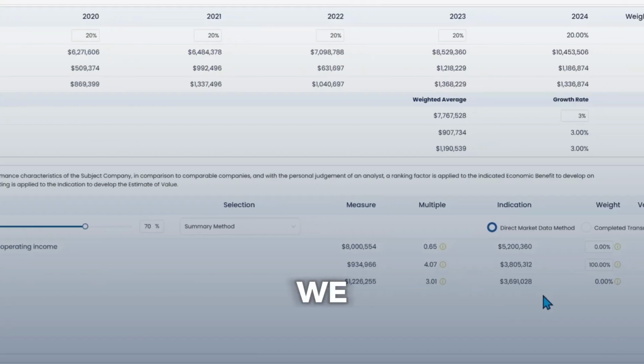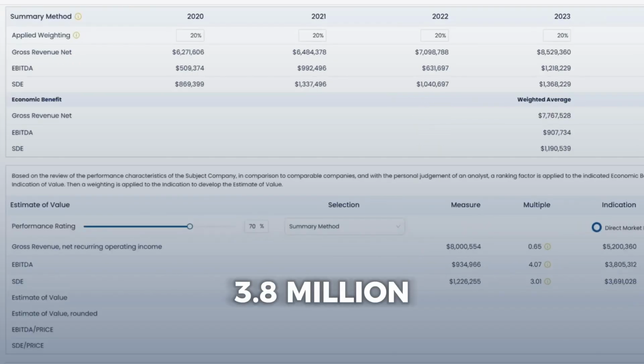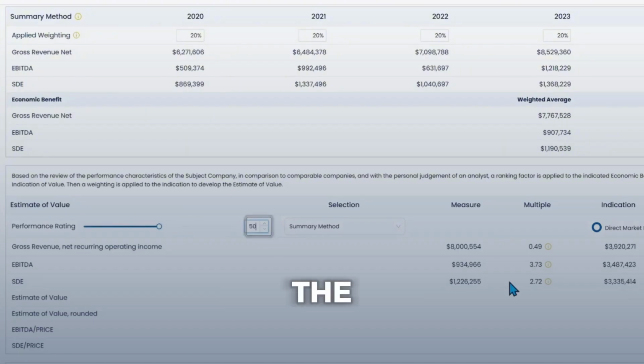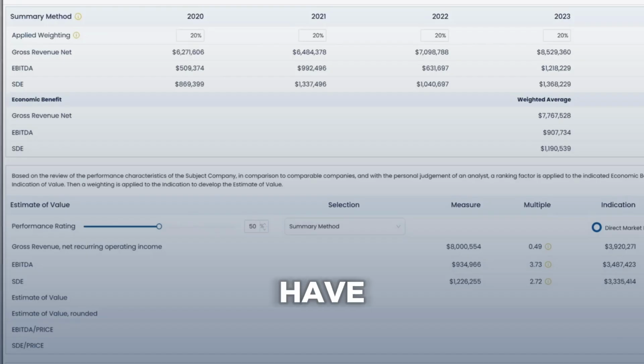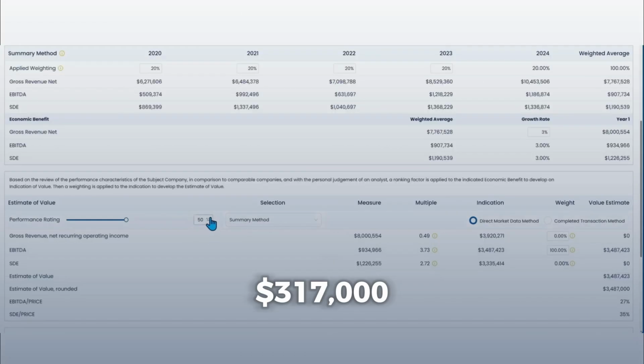So here we have our multiple on EBITDA, and let's think what that judgment just did. We have a value of 3.8 million. If we had left that at the 50th percentile, the multiple lowers, we have a value of under 3.5 million. That's $317,000 that we could perhaps justify.